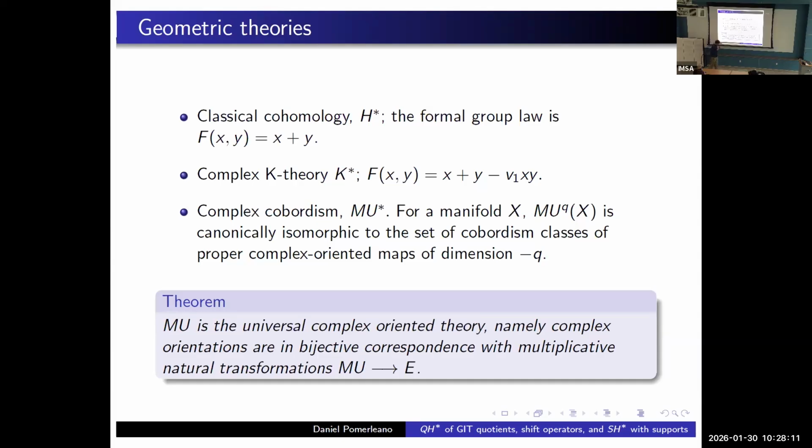Geometrically, one has three kinds of cohomology theories that are defined geometrically, and these are the ones people know: classical cohomology, complex K-theory, and then the universal complex-oriented theory, which is complex cobordism.